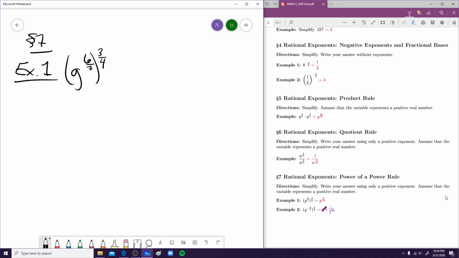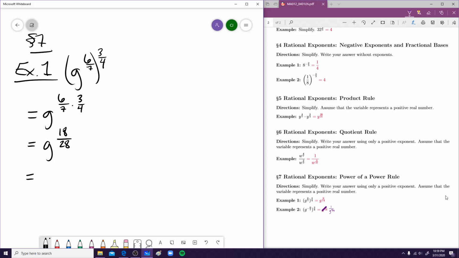So since this is a power to a power, what do I do? I multiply. So this is g, and then 6/7 times 3/4. What do we do for exponents? We multiply. So 6 times 3 is 18, 7 times 4 is 28.